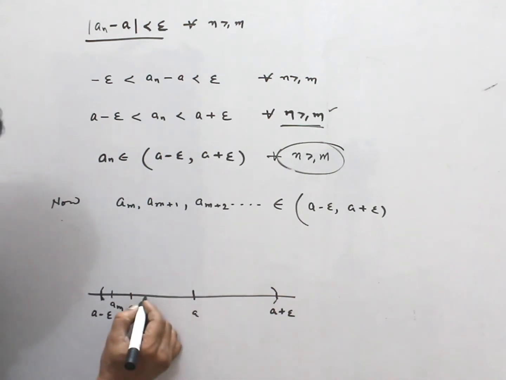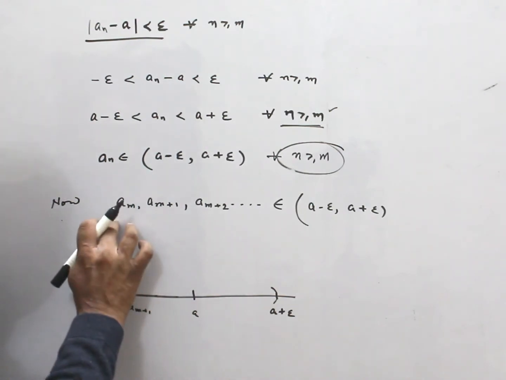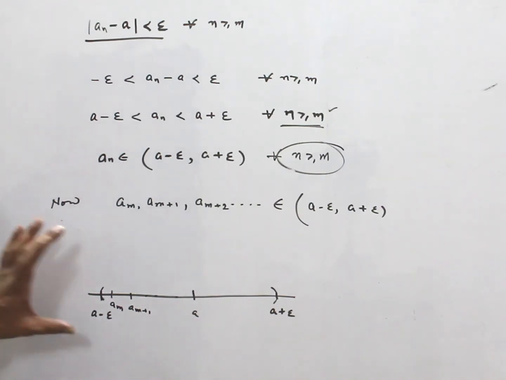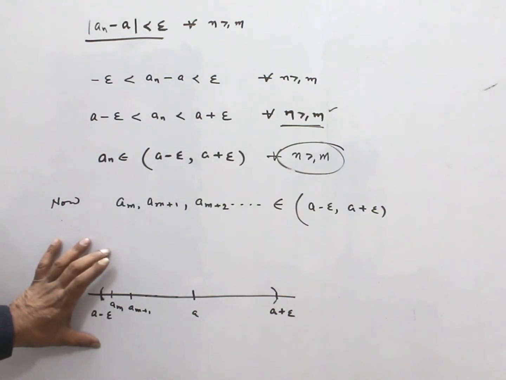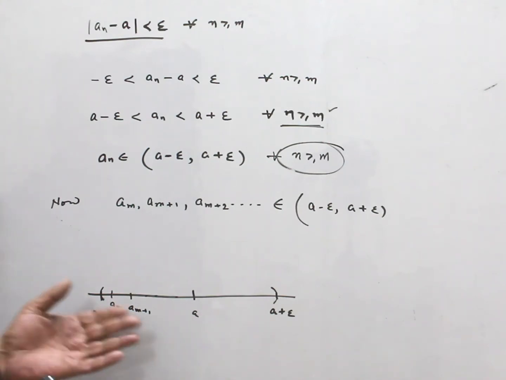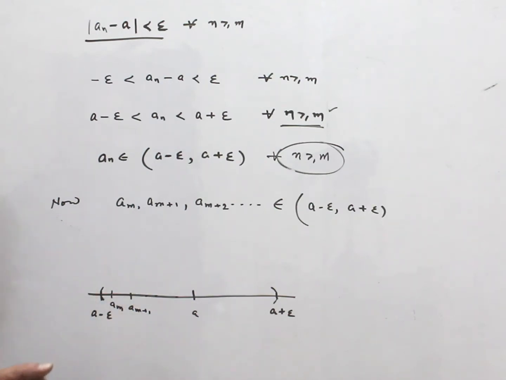All these terms will fall in this interval. Perhaps you remember the definition of neighborhood. These terms fall in the neighborhood of a. If these terms fall in the neighborhood of a, then we say a is the limit point of the sequence. Here another question arises, the difference between limit and limit point. But first I explain by taking some examples so that the concept becomes clear.